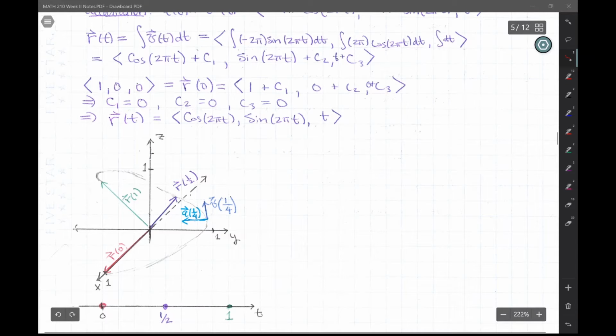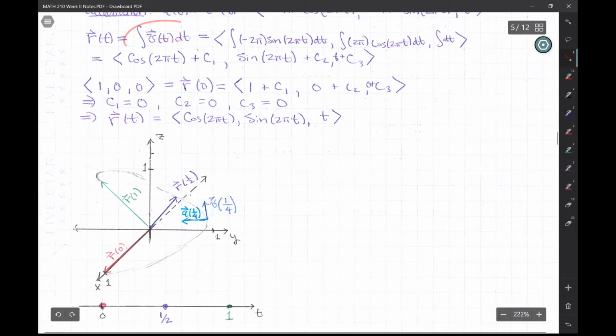Now, whereas the acceleration was the derivative of the velocity, position is the integral of the velocity. Since the derivative of the position is the velocity, then to get the position, we have to get the antiderivative of the velocity, which means the antiderivative of the derivative of position.